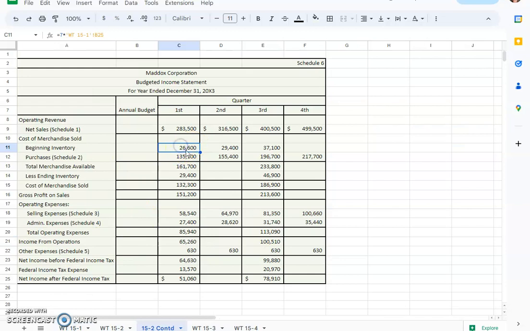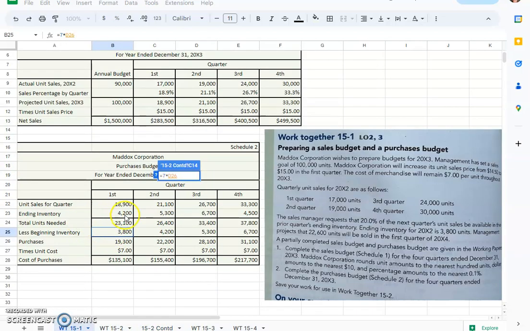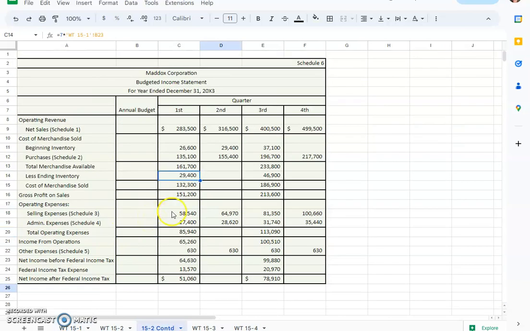So that's our 26,600, right? And now our ending inventory would be the $7 times our ending inventory, 4,200, is 29,400.